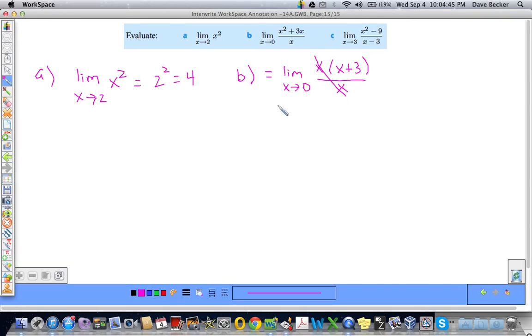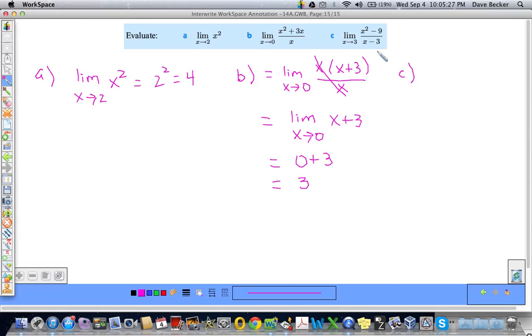The x's cancel, so this equals the limit as x approaches 0 of x plus 3, which equals, now I can use direct substitution because it's not undefined, 0 plus 3, which is equal to 3. We will graph this in class. In fact, I want you to take your calculator out after this and graph f of x equals x squared plus 3x over x, and you'll see that as x approaches 0, the graph is approaching the y-axis right at 3.